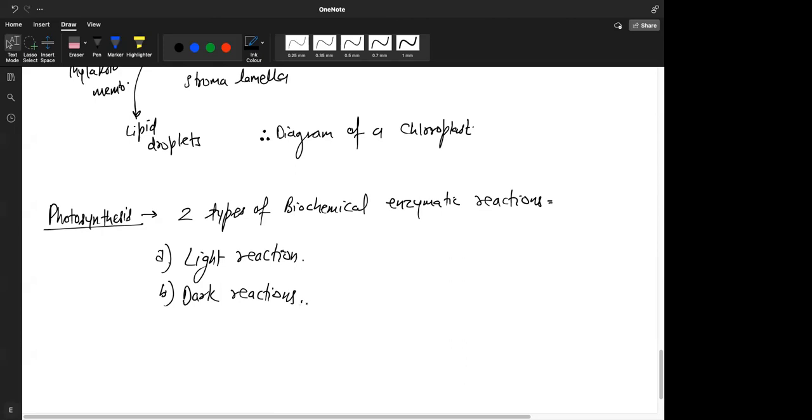And that chemical energy is ATP and NADPH, okay? So trap the light energy and convert it into chemical energy. This part is called photochemical reaction.